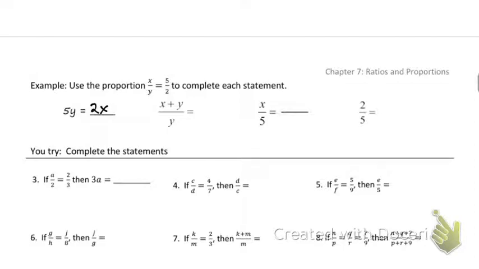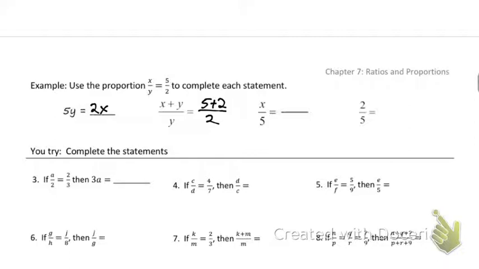It'd be 5 plus 2 over 2. This is the one where we added the denominator. So this one we added y plus y to give us x plus y over y. So we do the same thing here. We add the denominator to the top and bottom, which is going to be 5 plus 2 still over 2, because we keep our denominator the same.